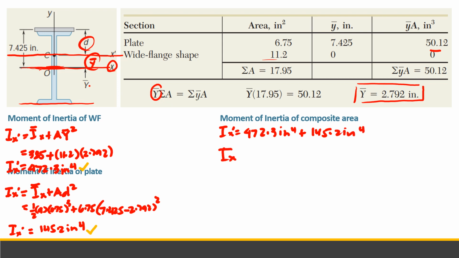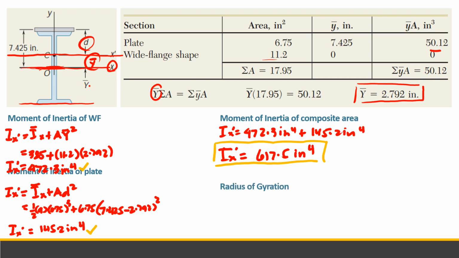So the Ix for the composite area is equals to 617.5 inch to the power of 4. So that is the first na hinanap natin, no? Moment of inertia of the composite area.